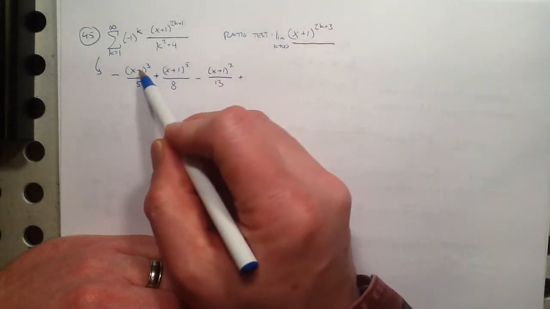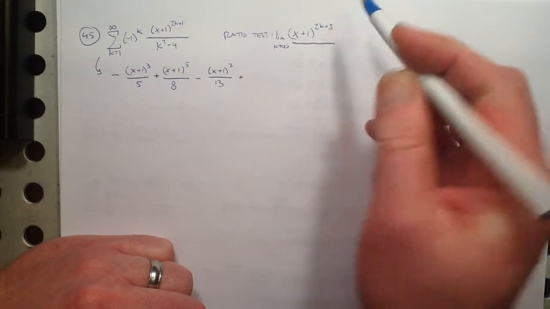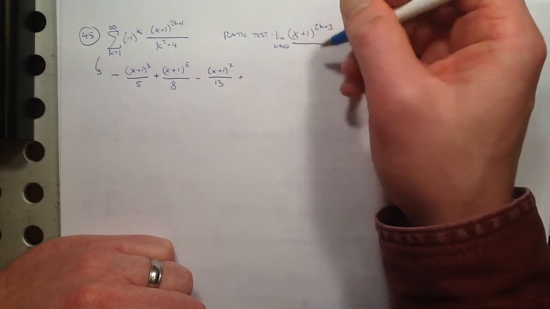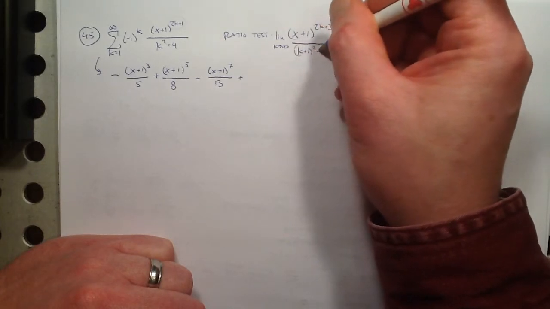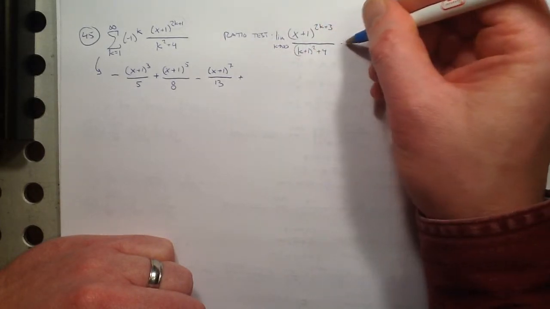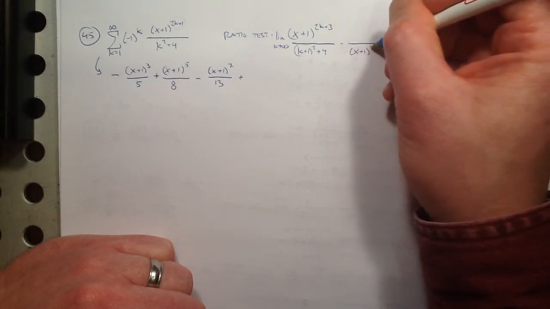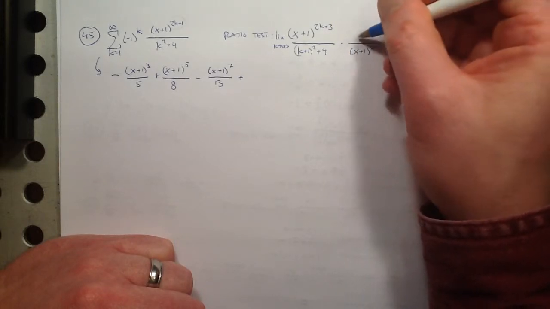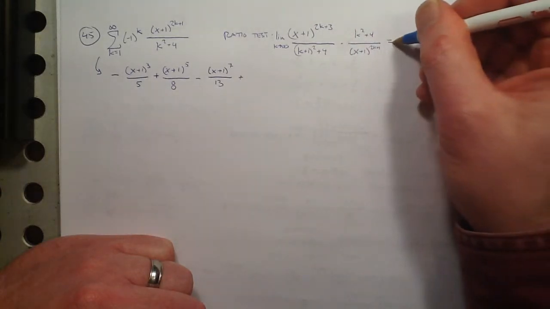Right, that makes sense. When you tick up the k by 1, you get the next odd number. 2k plus 3 is the next one up from 2k plus 1. And on the bottom I have k plus 1 squared plus 4, times x plus 1 to the 2k plus 1, k squared plus 4 on the top.